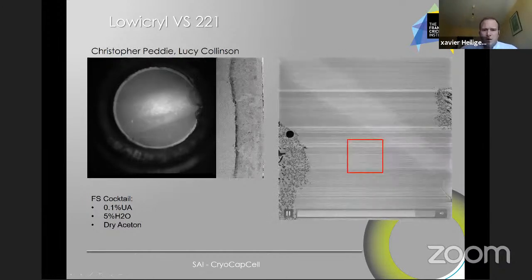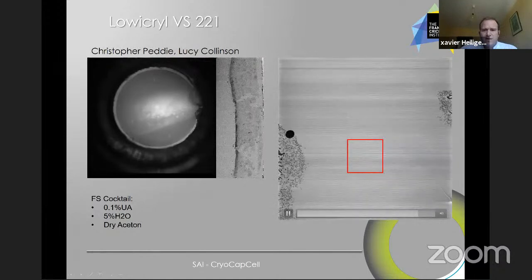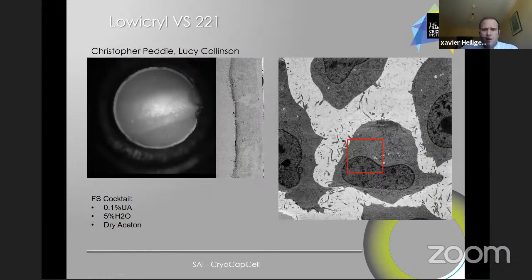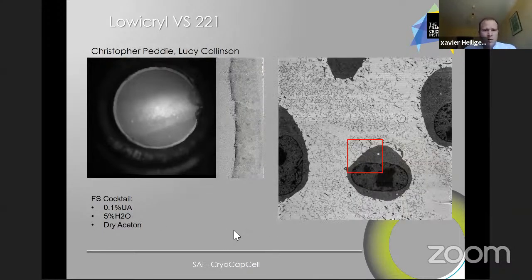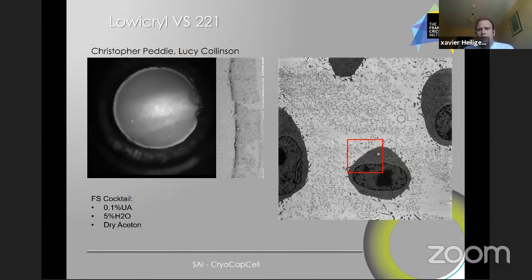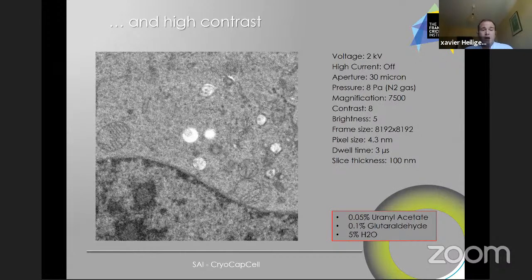So as you can see, we've gained a significant amount of contrast, but since we are using a very low amount of uranyl acetate, we can preserve the fluorescence. And so it starts to become very interesting because you can do your freeze substitution, and then you can start to image again your block of resin before doing the electron microscopy.